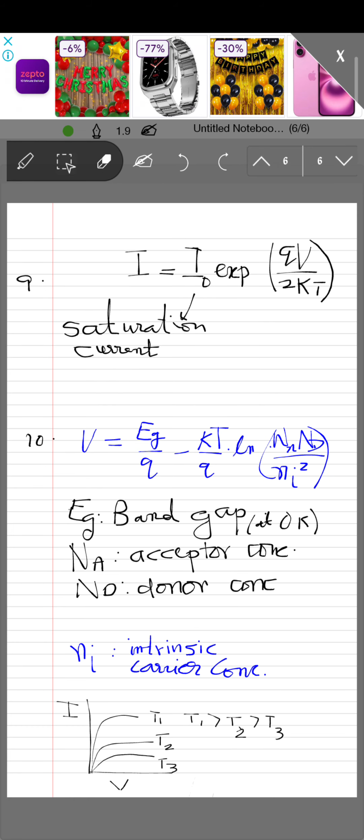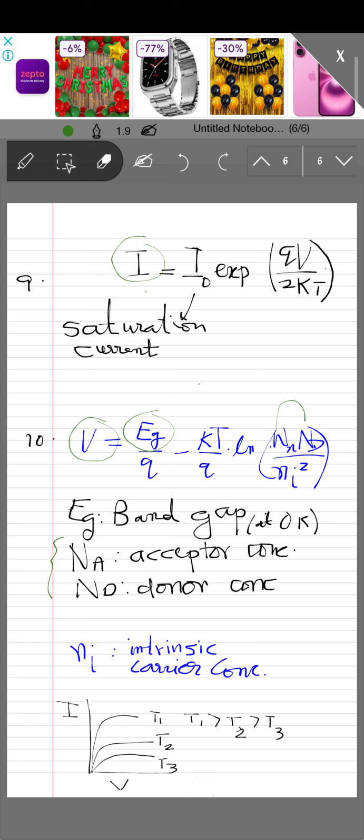Now, this is a well-known equation, the relationship between the current and the voltage, and the relationship between the voltage and the semiconducting material used is the following, where Na and Nd are new additions to the voltage equation, and these are the acceptor concentration and the donor concentration.